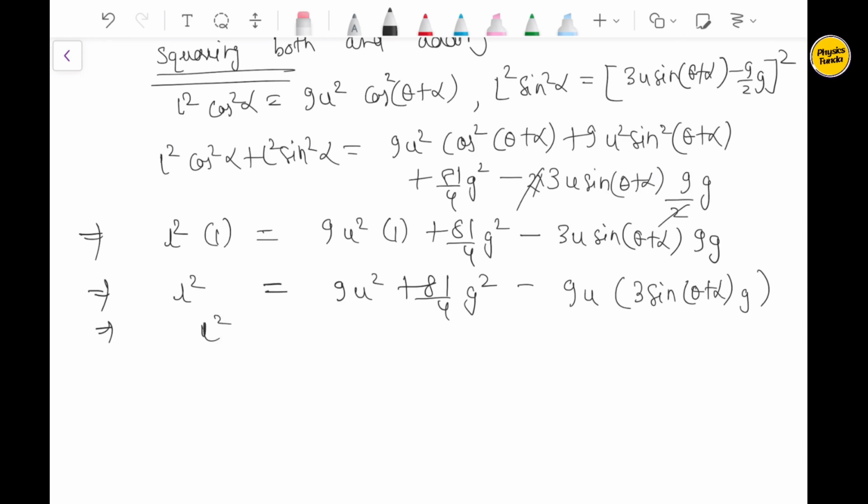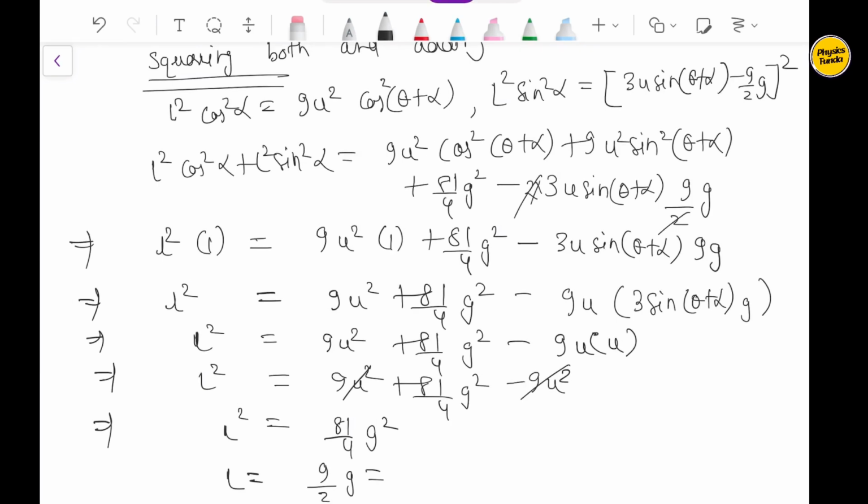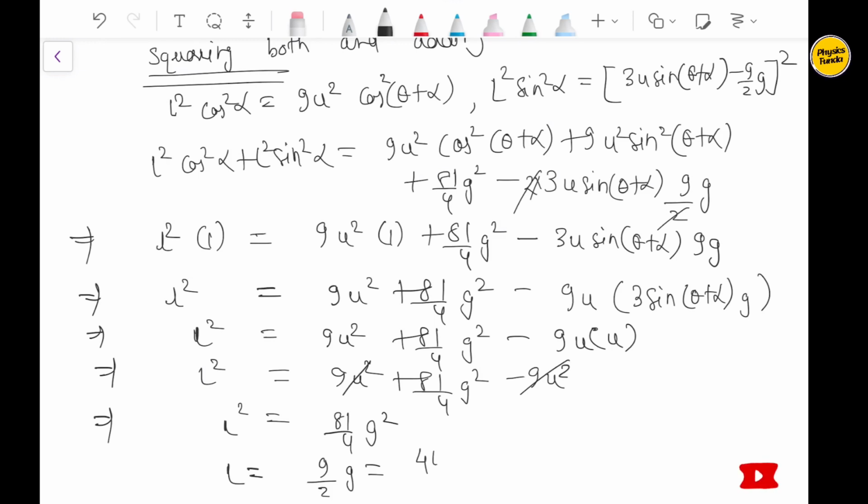So L square equals 9u square plus 81 upon 4 g square minus 9u times u, right? So this becomes L square 9u square plus 81 upon 4 g square minus 9u square, and 9u square cancelled. So my L square is equal to 81 upon 4 g square. So L value is 9 by 2 times g, and this is equal to 44.1 meter.